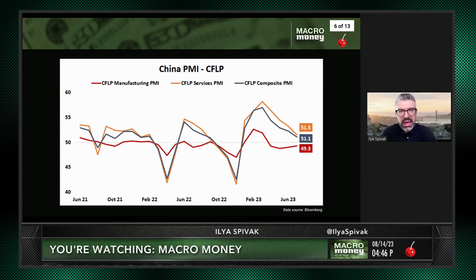Data that we saw last week on the trade side of things, on the inflation side of things, all pointing toward weakness. In fact, the economy actually slipped into deflation as of the last set of numbers.